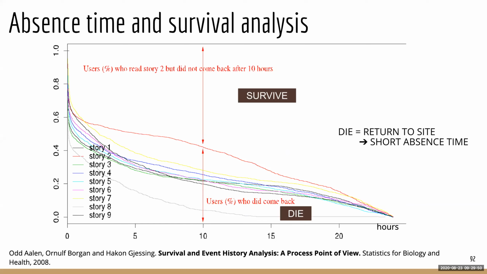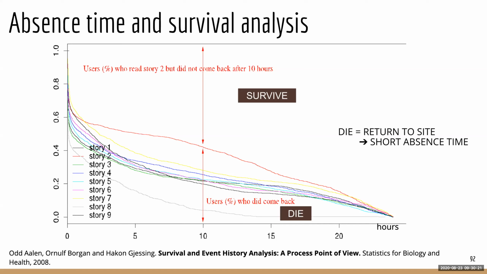When you give a treatment, you hope the person lives longer. If you didn't give the treatment, the person is likely to die sooner. If you replicate this in our context, which is a bit funny, if the user comes back quicker, the user dies. So return to the site is short absence time.